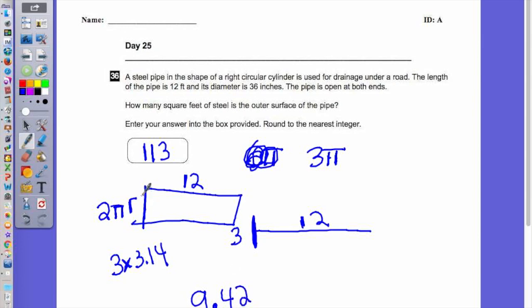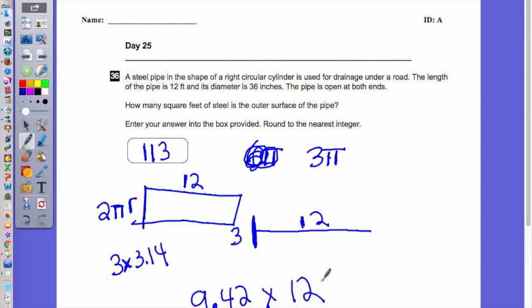That's the circumference of the circle, which becomes one dimension of this pipe when we unroll it. Because when we have something rolled up as a cylinder, when we unroll it, it's a rectangle. Okay? So that times 12, does that make sense? Because 12 was the length of the pipe. Does that make sense now? Are you sure? I just need to think about it. Okay, think about it for a second.